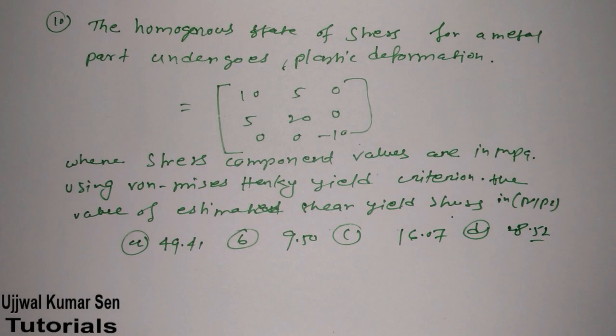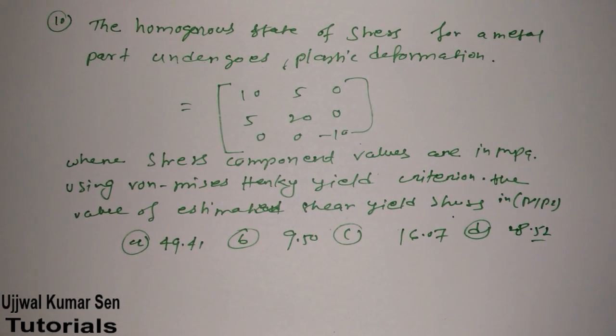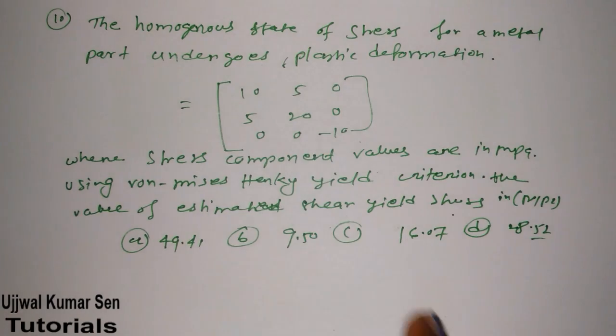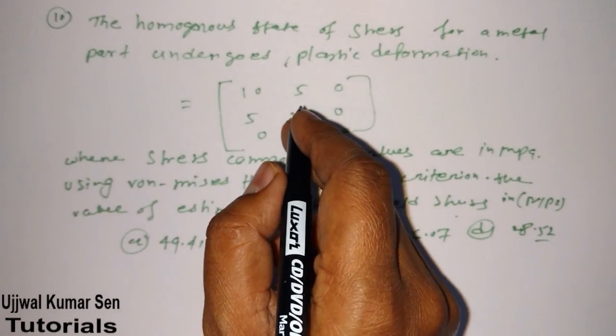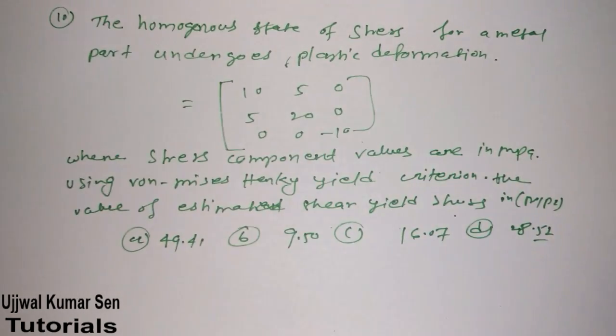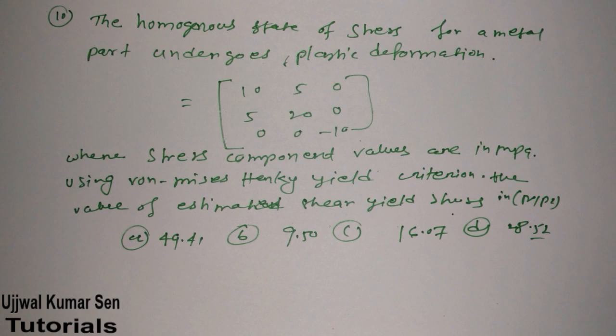So this is the question, and the most important factor is that it is related to Mohr's circle too. Probably not Mohr's circle exactly, but it is a little bit related to that, because they are using this concept. This matrix plays the most important role in solving this question, right? First of all, we need to understand what these values represent.